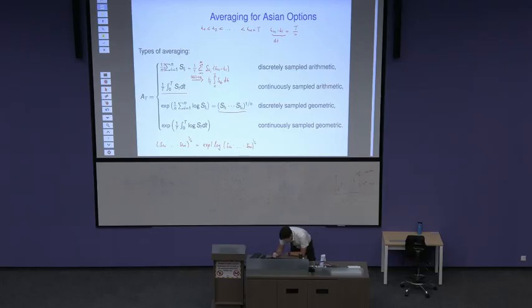A logarithm of a power, I can write as a factor in front of it. So I get this the same as e to the power 1 over n, and here I have still the logarithm. Okay, I do it slowly, step by step, of S_t1 times until S_tn.